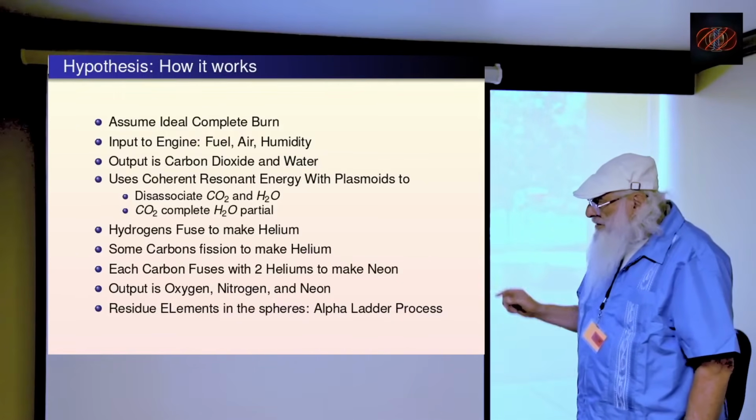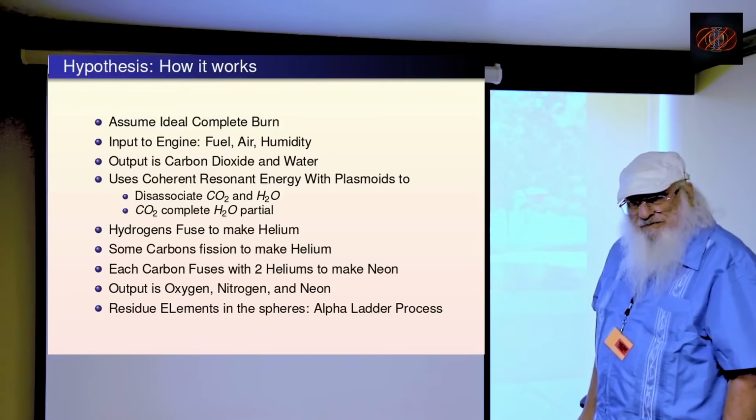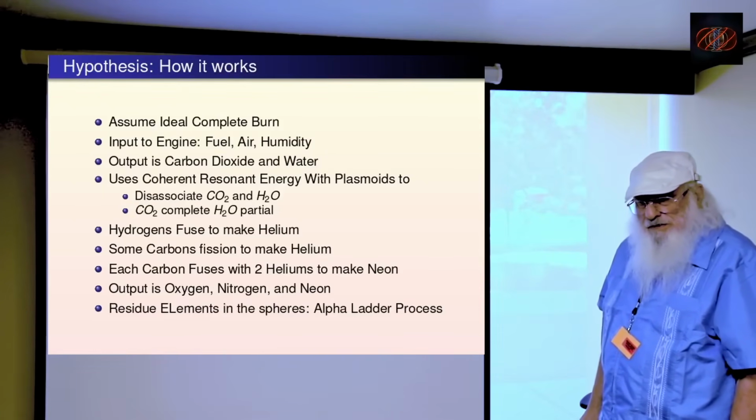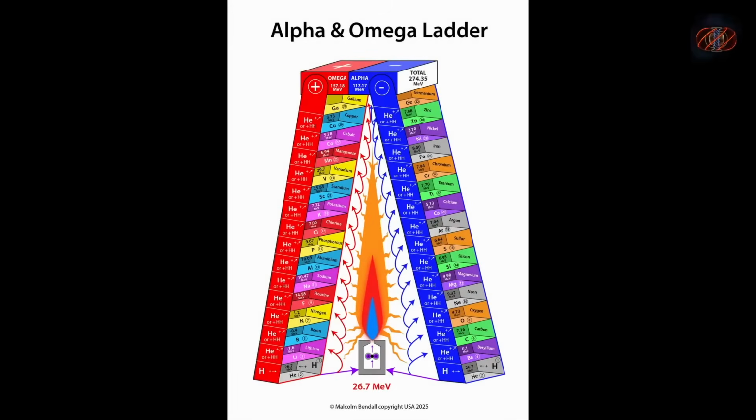What about the residue of the elements in the spheres? Where do they come from? So there's a process. This depicts the alpha ladder process. This is the process that happens in stars after they have burned, if you will, or fused all their hydrogen.